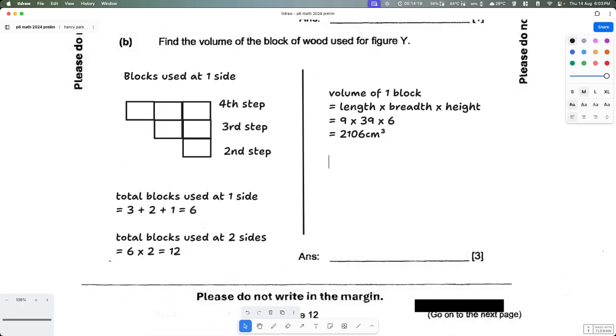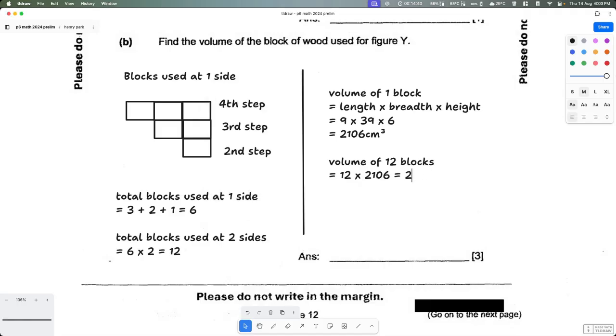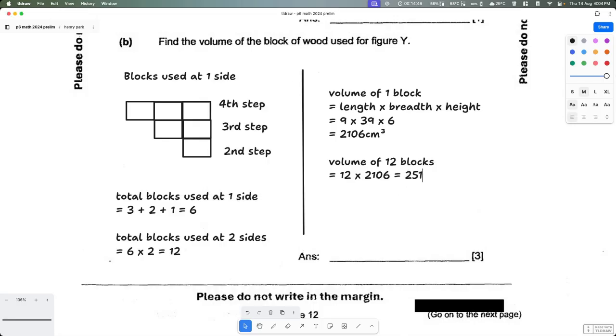So that means volume of 12 blocks is equal to 12 times 2106. So you multiply this by 12. This will be 25,272.